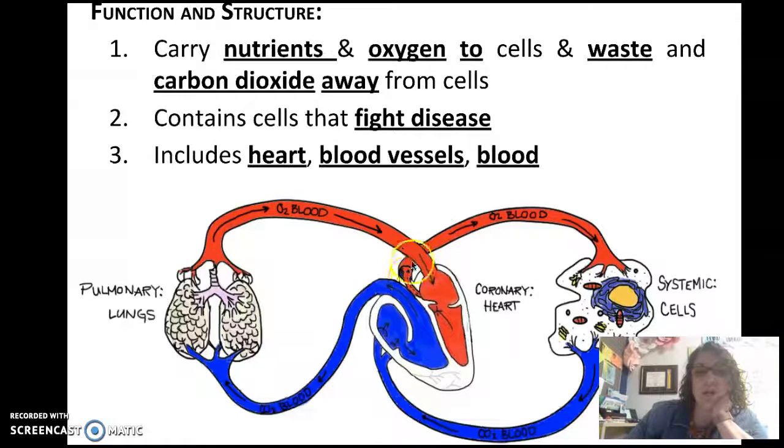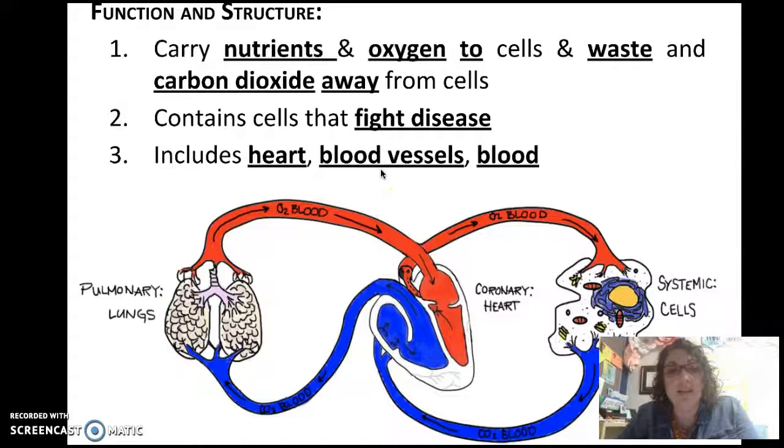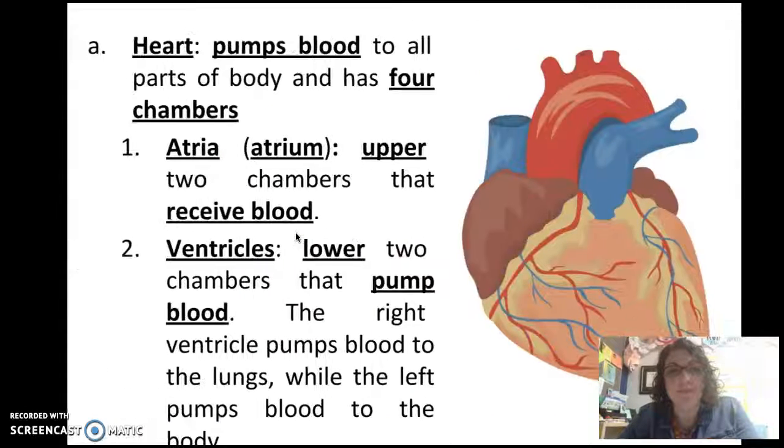So it goes from your heart to your lungs to pick up oxygen, back to your heart and pumped out to the rest of your body, and then it goes back to your heart without the oxygen in it, and it gets pumped back to your lungs to get refilled with oxygen. The blood also contains cells that fight disease. They're called white blood cells. And the structure of the circulatory system is heart, blood vessels, and blood.